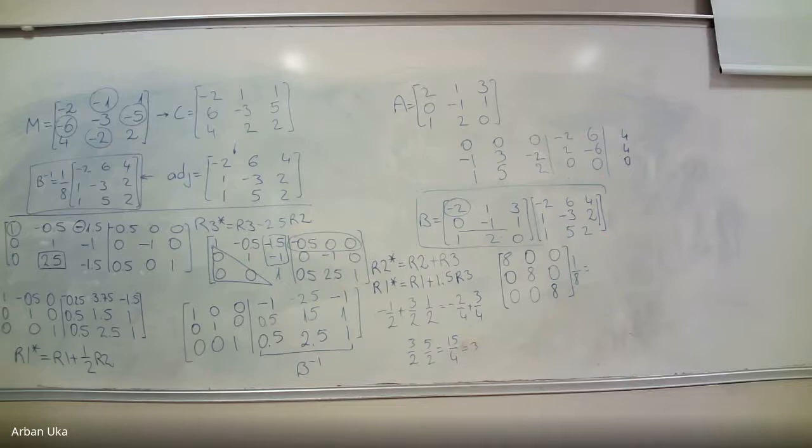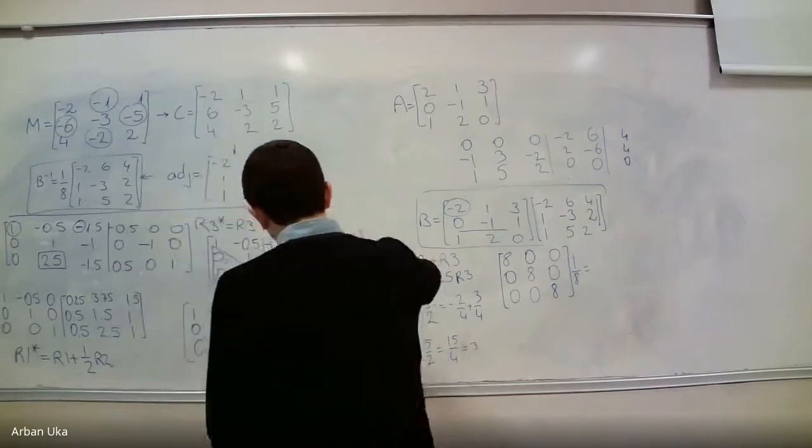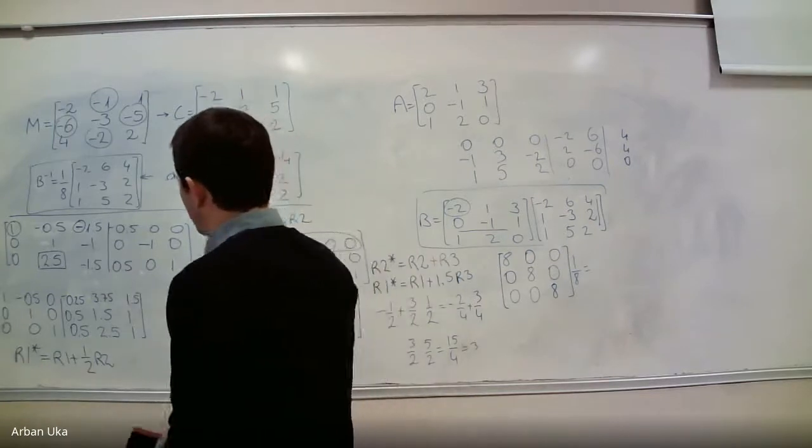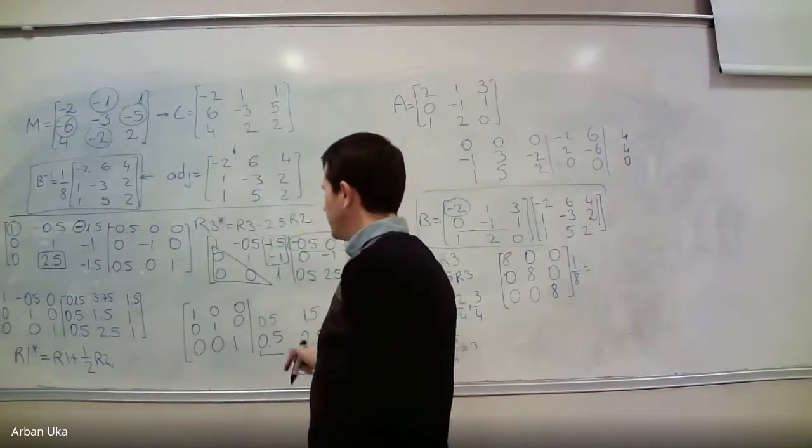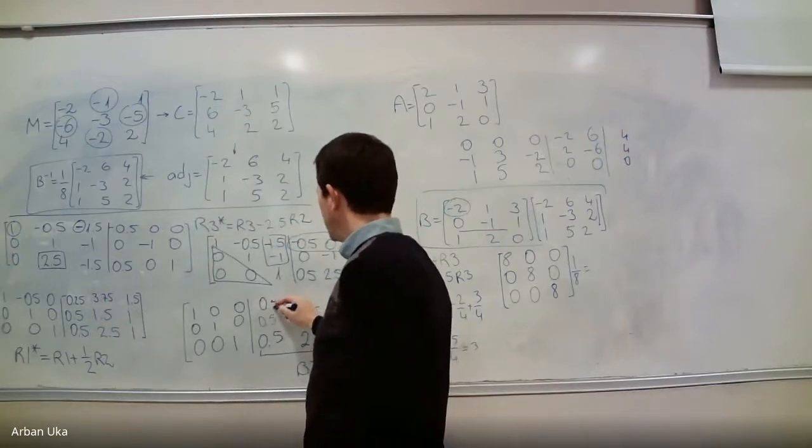And then finally, we have 1 plus 1.5, this is like this, minus. Okay, so probably we are improving this one. And finally, okay, so we have these numbers, and then we add half of the second row, then we would modify this one, because we have 0.25 plus this half, plus 0.25, this would be 0.5.